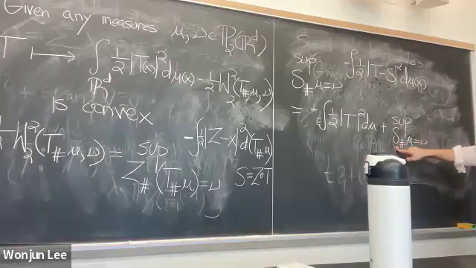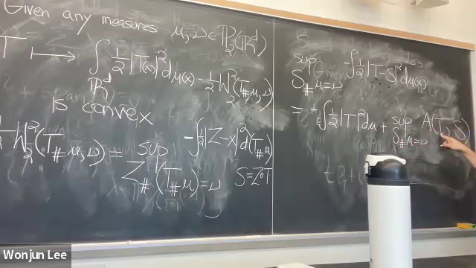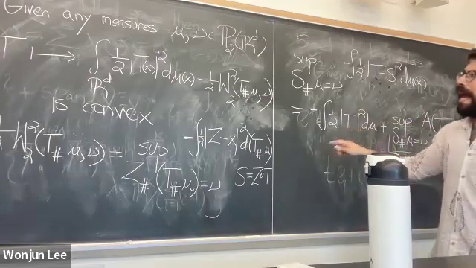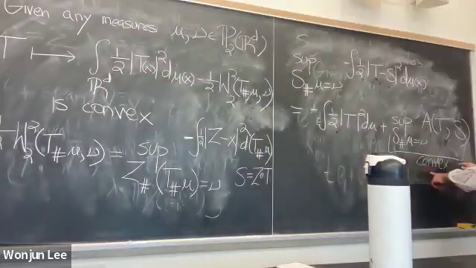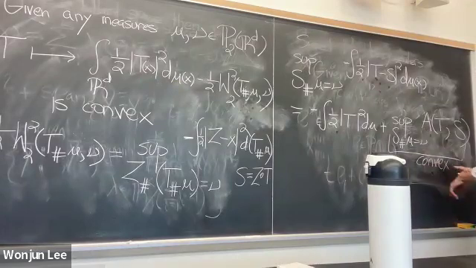And so this is the supremum over S push forward mu equals nu of, I'm just going to write maybe A(T, S), but the point is that A(T, S) is affine with respect to T. And if I take the supremum over a family of affine functions, I get a convex function. And so this is convex. And so when I add back this guy, I kill this thing and I just get a convex function.